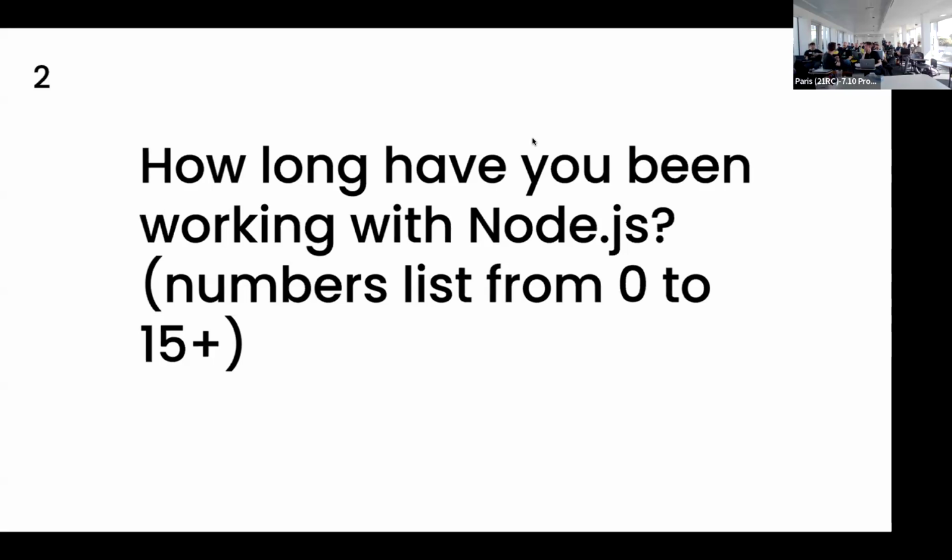So actually, maybe we don't say 15 plus. Let's put stuff in the user report as we go. You can either write it down or put it at the end, but at the end we will have time for everyone to add the feedback.